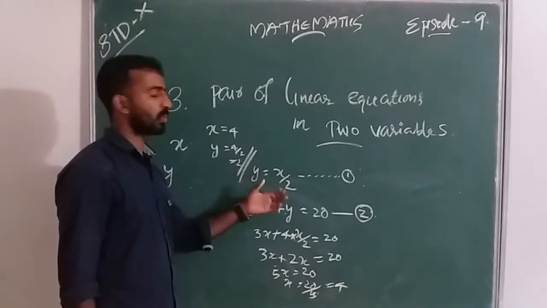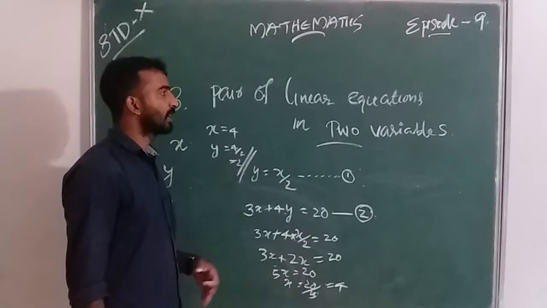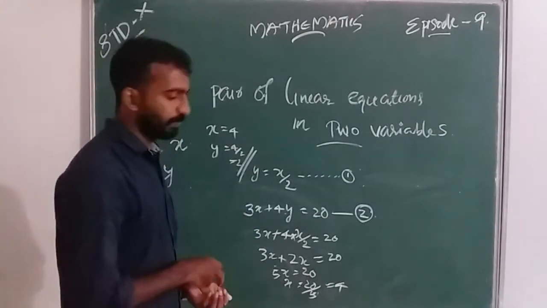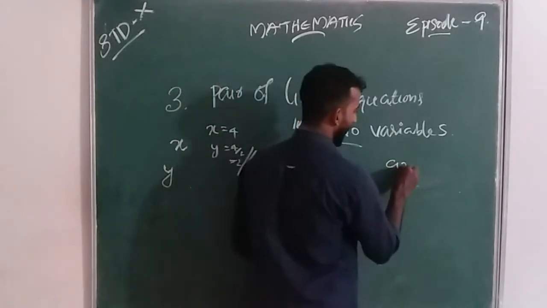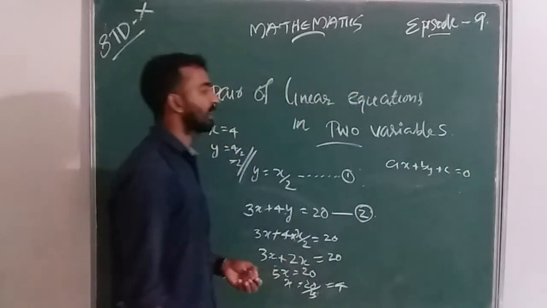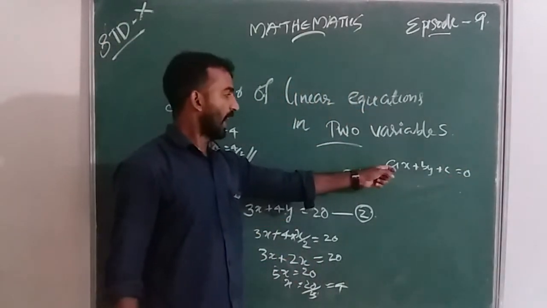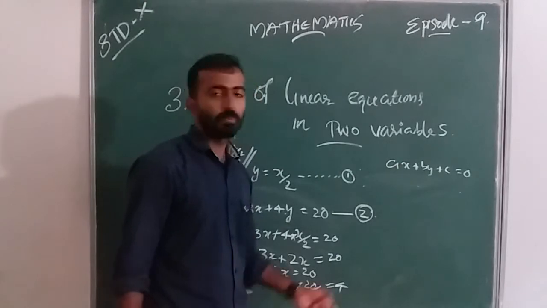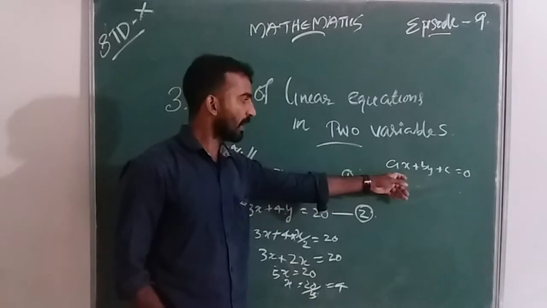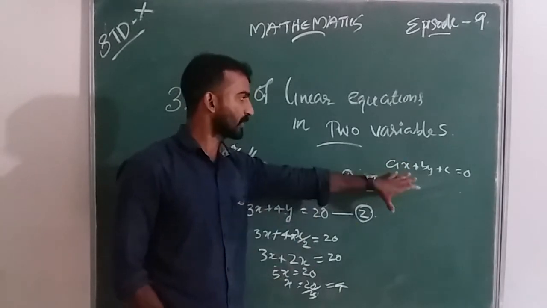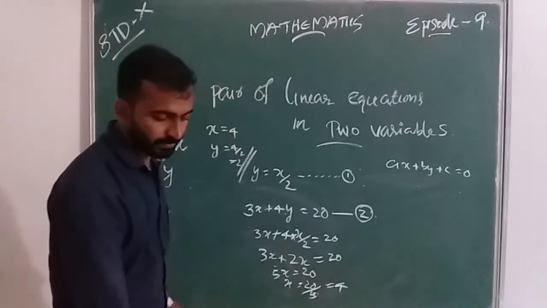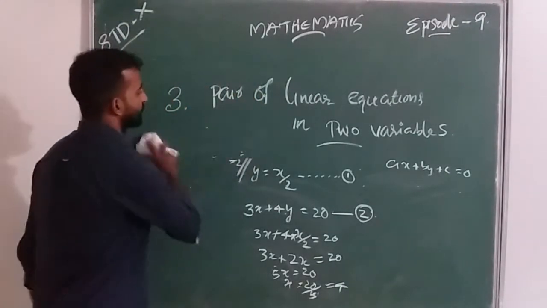Commonly we can say ax plus by plus c equal to 0 is a linear equation, where a and b are not both 0. This is the general form of a linear equation in 2 variables. c is a constant.